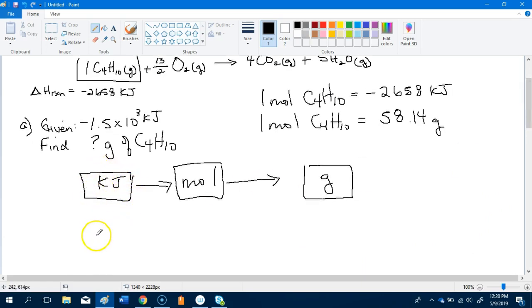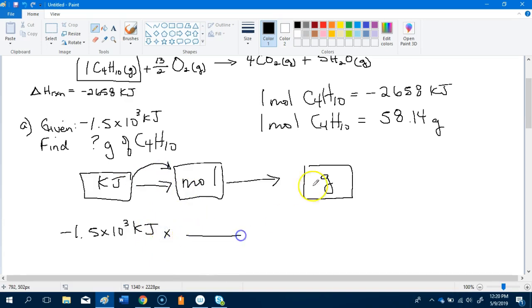So I'm going to start with my kilojoules, and that's why the map is so great, because it helps guide me in my solution. If I want to produce 1.5 times 10 to the power of 3 kilojoules of energy, the first thing I need to do is convert that to moles.